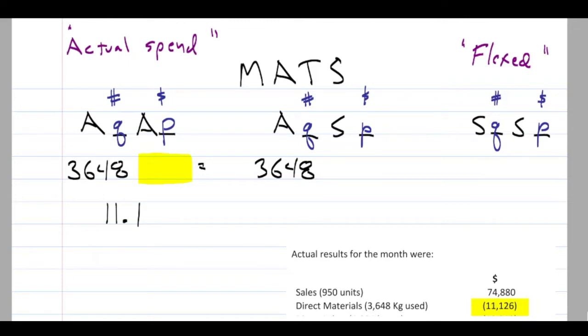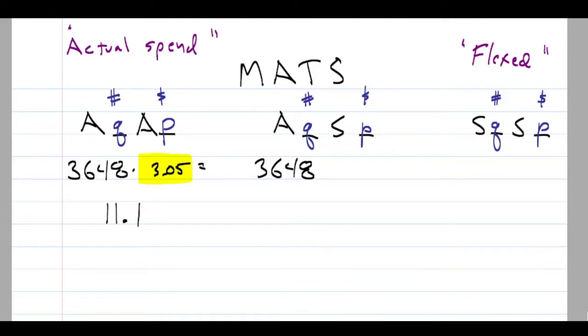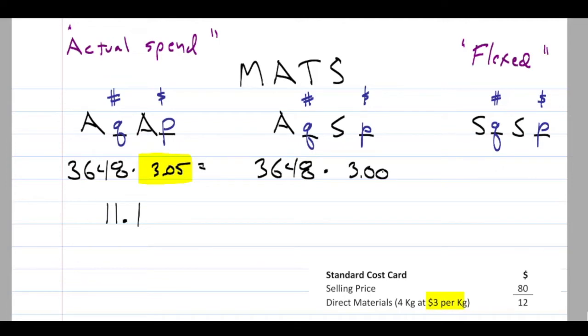And using a little bit of division and algebra, we can work backwards and get that the actual price was $3.05, right? 3,648 multiplied by X will be the 11,000 and change. Now, standard price, we go to that cost card and we take out the $3. That's how much we should spend. So that always goes here. There's my standard price.